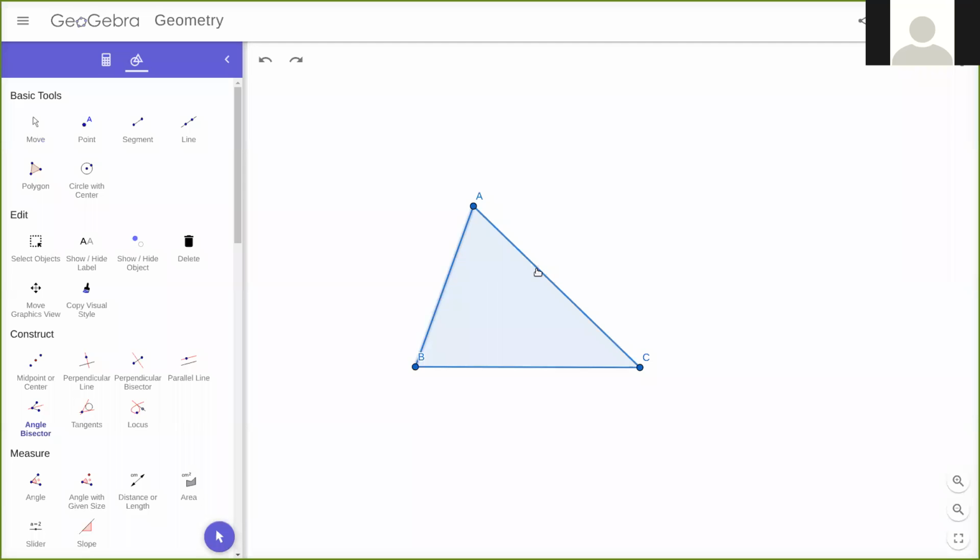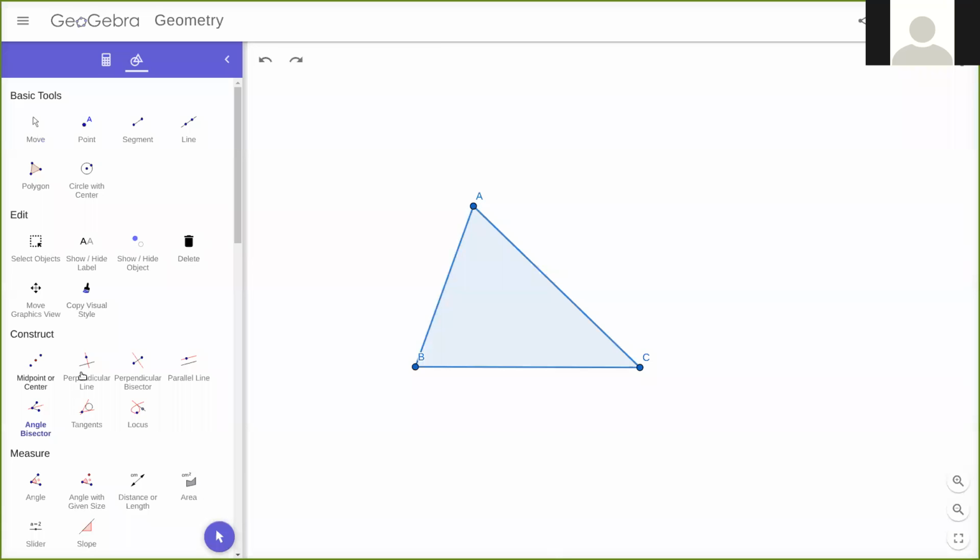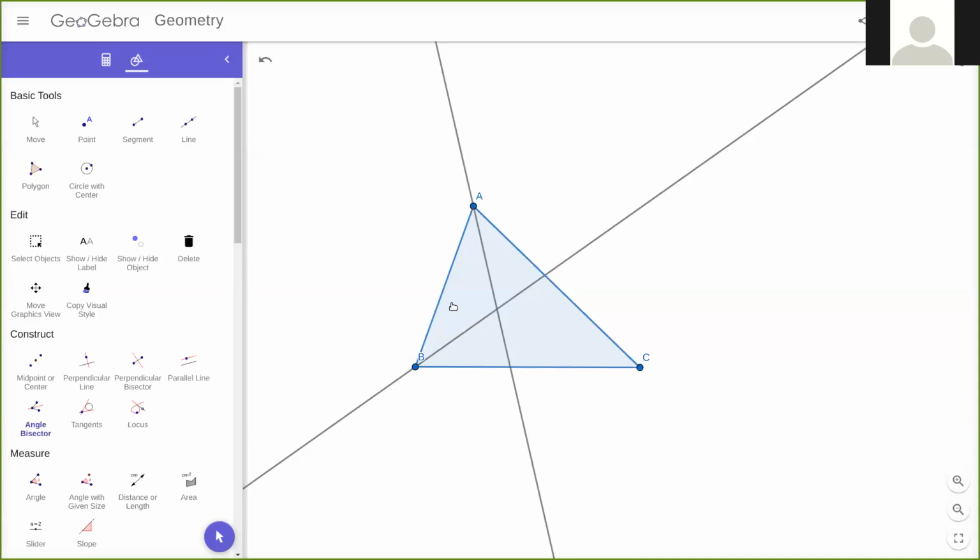Okay, so if we have the angle bisector of BAC, of CBA, and BCA, we notice here that all the angle bisectors are concurrent.